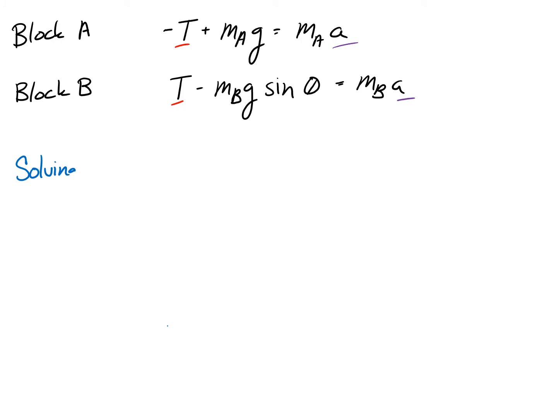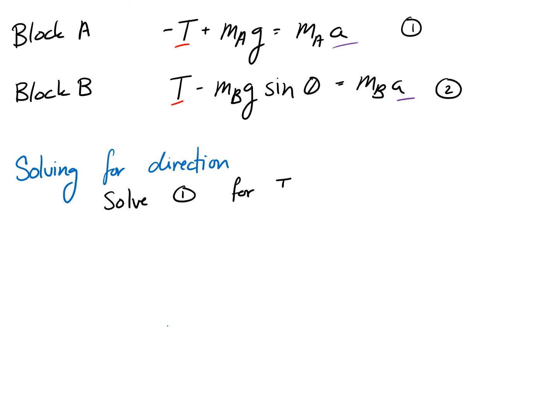So solving for direction, what I'm going to do is call these equations 1 and 2, because that way I don't have to write out as much to explain what I'm doing. I'm going to solve 1 for tension.